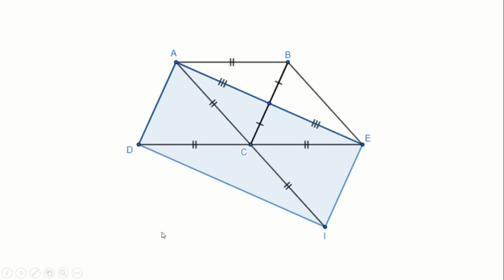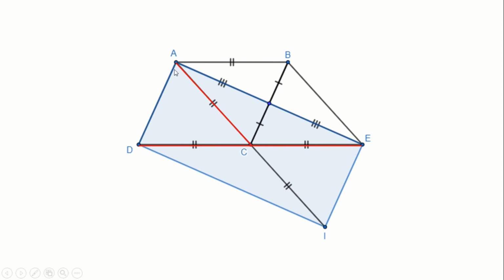Well, if you note something, we have given that AB is equal to AC, and also AB is equal to CD as opposite sides of the parallelogram. Then we can say that AC is equal to CD. Also, C is the midpoint of DE, so we have DC is equal to CE.